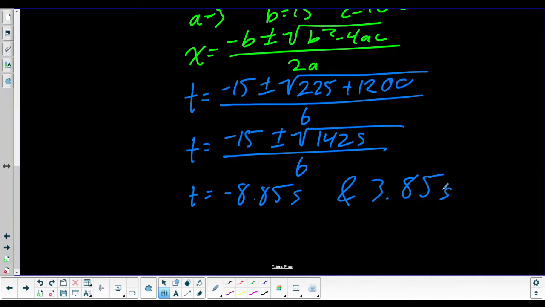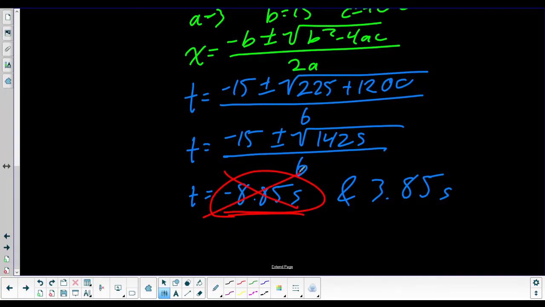So we get two answers according to math. Let's think about this. Can you have negative time? Does that make any sense? Can you go backwards in time almost 9 seconds before the cars started moving? No. So in physics, we would throw this answer away because it's not possible.